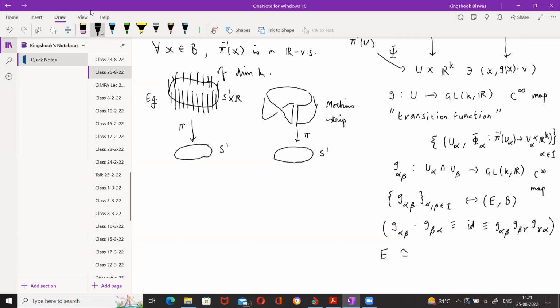So E is the same as the disjoint union of U alpha cross R^k modulo the equivalence where (x, v) in U alpha intersect U beta is identified with (x, g alpha beta of x times v). Is this clear?